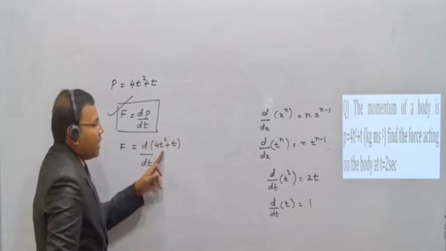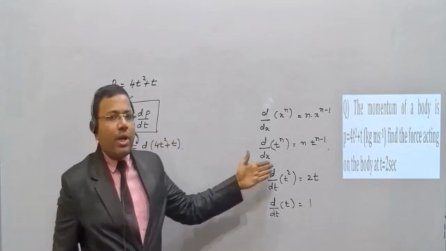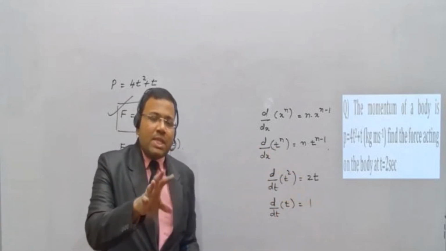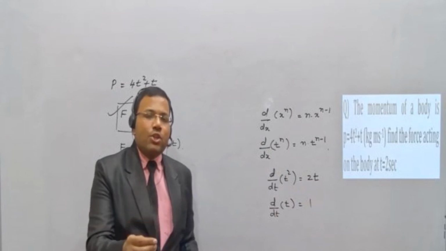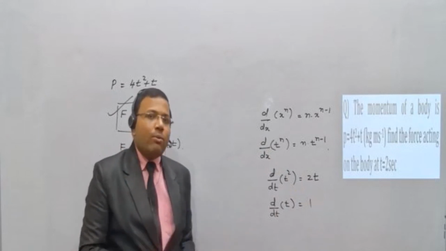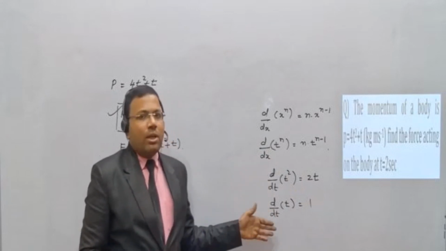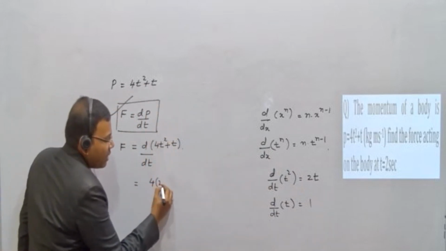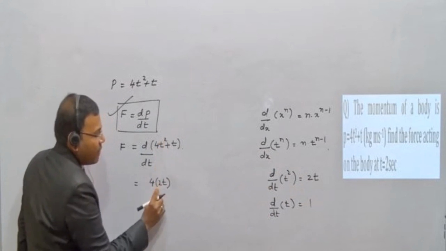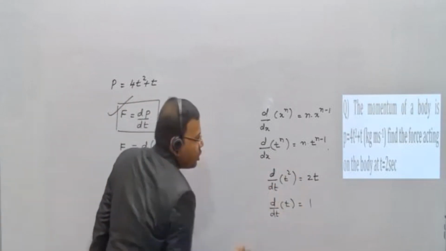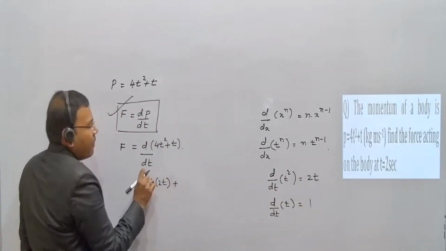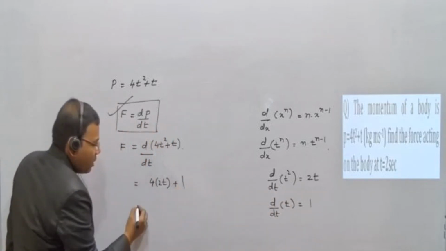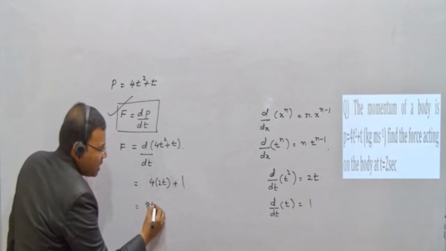This is 4t², differentiation of t² is 2t, that's why I have written separately. Maximum times in physics, differentiation of t² and differentiation of t come up very often, you must have noticed too, so you have to remember these orally. So 4t² differentiation: t² differentiation is 2t, plus differentiation of t, which is 1. So this becomes 8t plus 1.